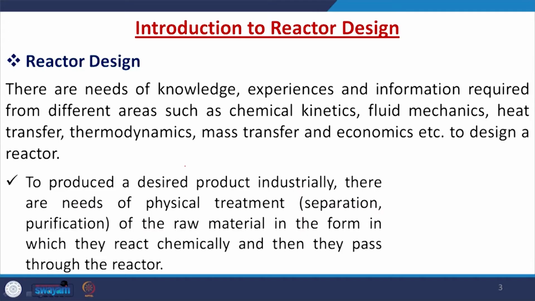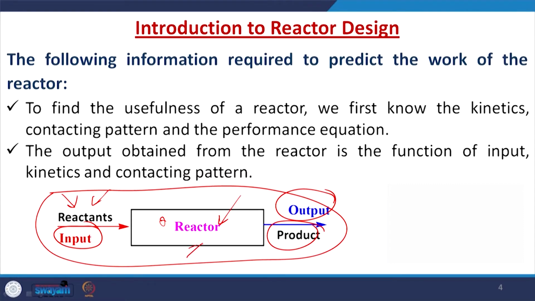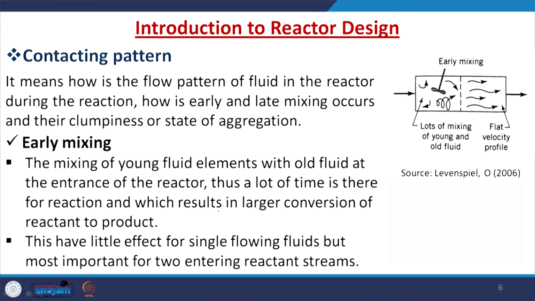Now, while we were discussing this particular reactor, if there are two reactants within this reactor stream, say X and Y, and they are coming to this particular reactor, then the foremost important thing is that you need to look into the contacting pattern. Let us have a brief look at the contacting pattern.